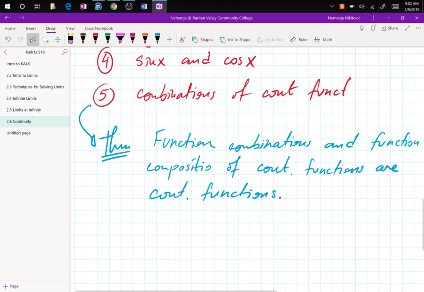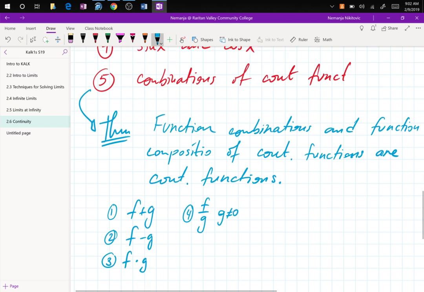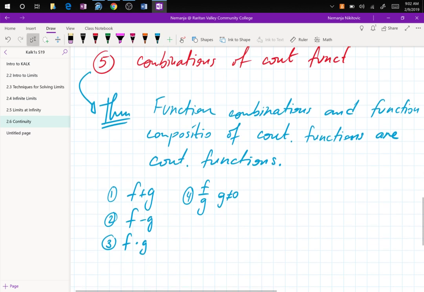So those would be f plus g, f minus g, f times g, f divided by g provided g is not 0, because that's discontinuous.